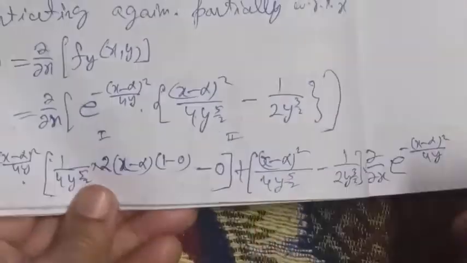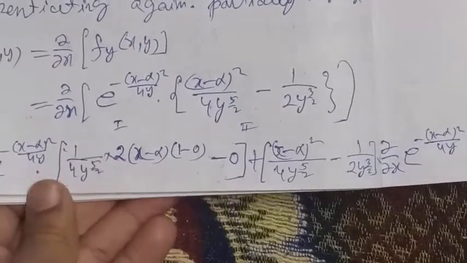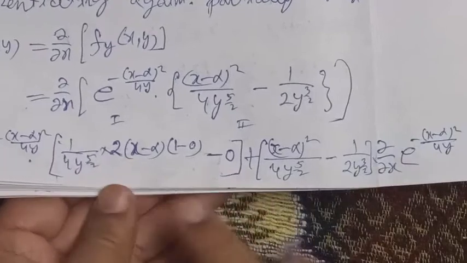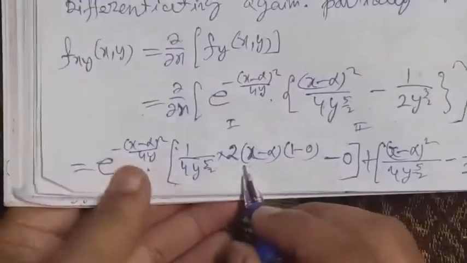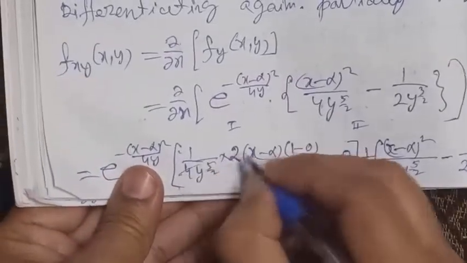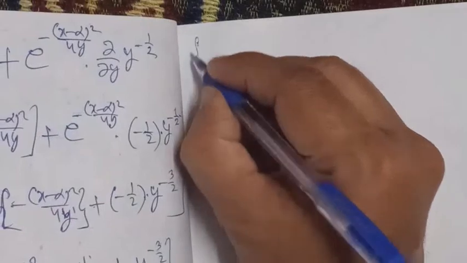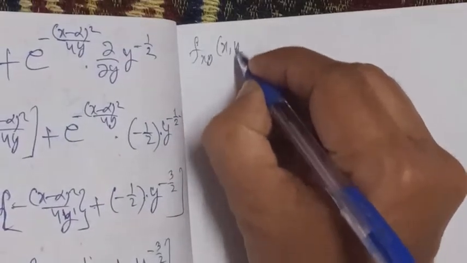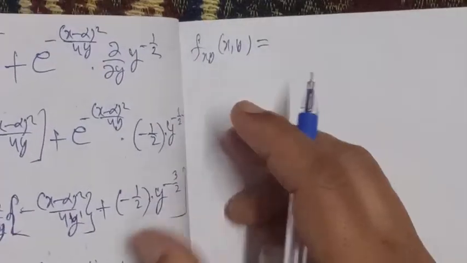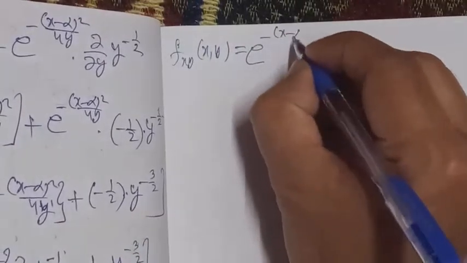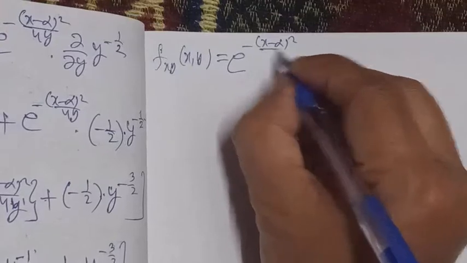We go to the next term. Now we can cancel for y, we get 2 here, and in the next term we get f x y, which is equal to e to the power minus (x minus alpha) whole square upon 4y.